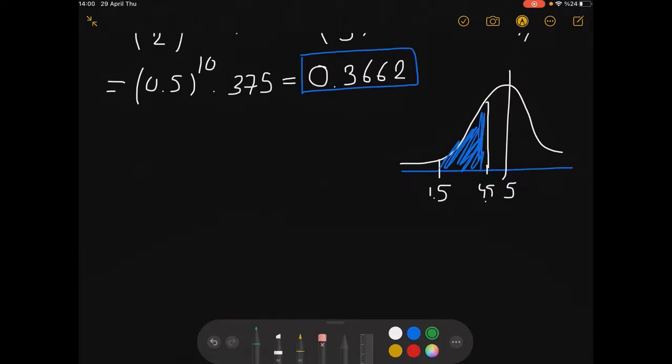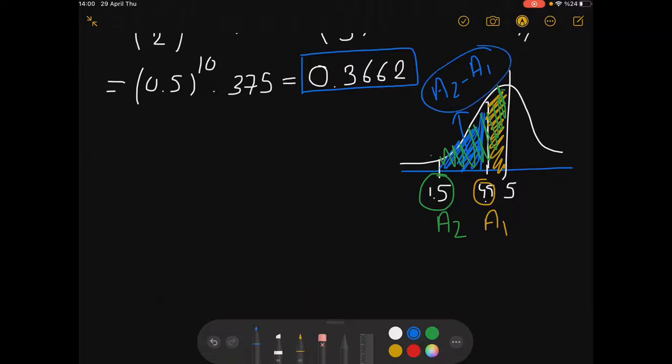So if you consider this as A2, and this as A1, area 1, namely this area here, the blue part would be A2 minus A1. See, the blue part will be A2 minus A1. So your x1 is 1.5 and x2 is 4.5.